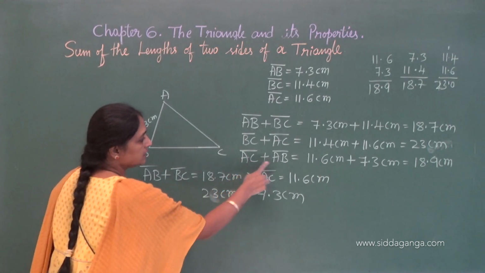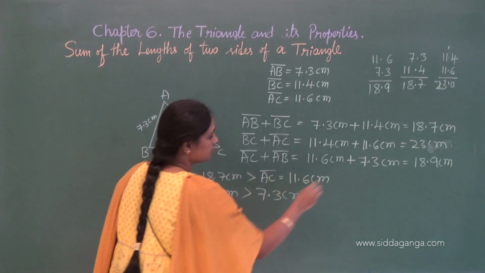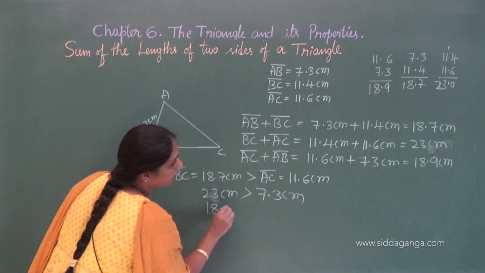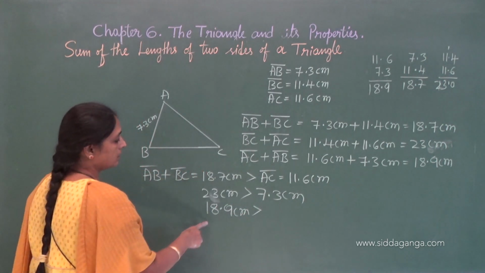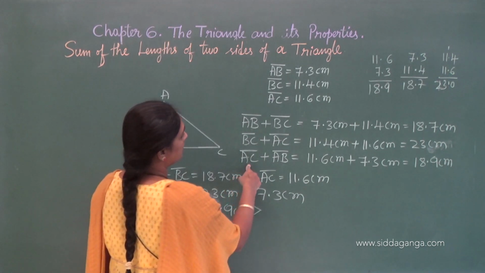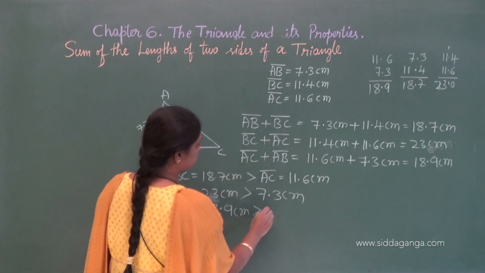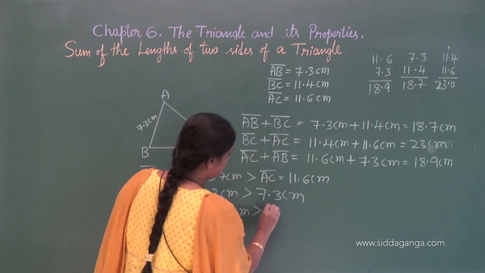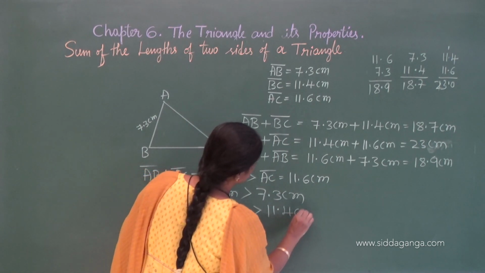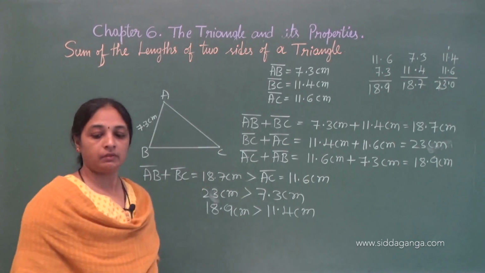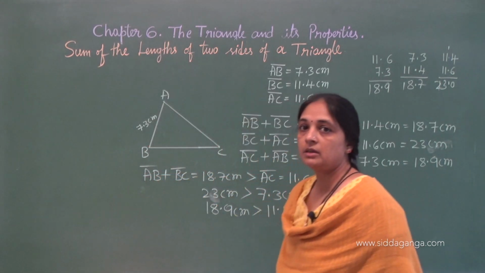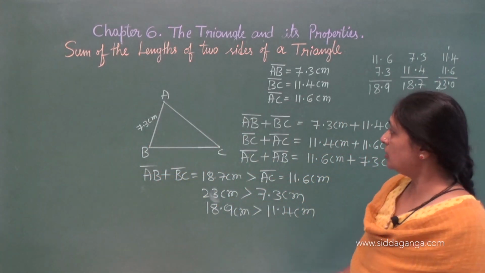So consider AC plus AB, the sum of those two is 18.9 centimeter. And what about the remaining, AC and AB, that is BC? What is the value of BC here? It is 11.4 centimeter.